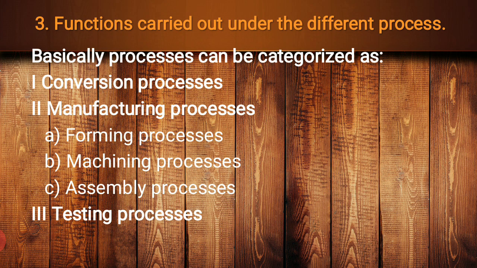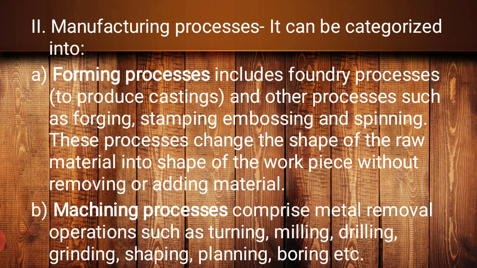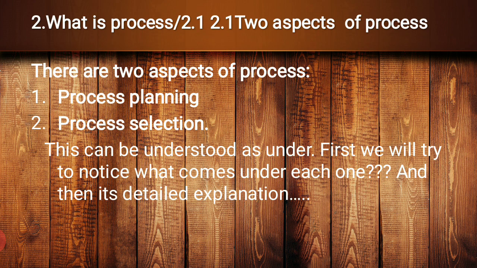So any kind of production you may be doing falls in one of the three categories. That is why we have checked it out. So they can be known as functions also, and we can call them the categories of process also.